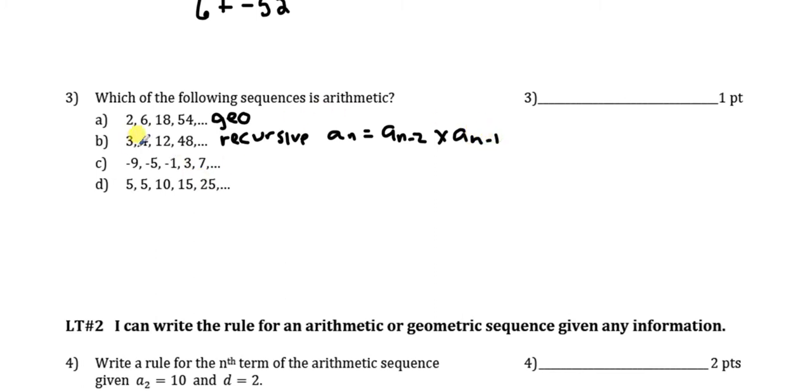I'd have to say a1 is equal to 3, a2 is equal to 4, and give you that as part of the sequence, and then this is the recursive formula. This one I'm adding 4 every time.